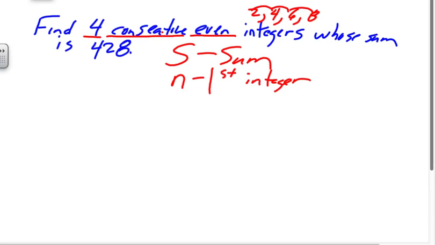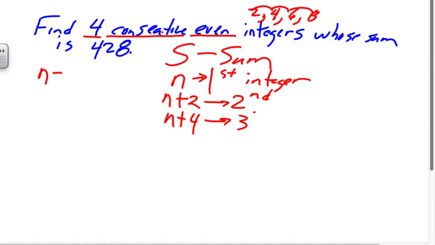So N is going to be my first. N plus 2 will be the second, like up here. N plus 4 will be the third. N plus 6 will be the fourth.